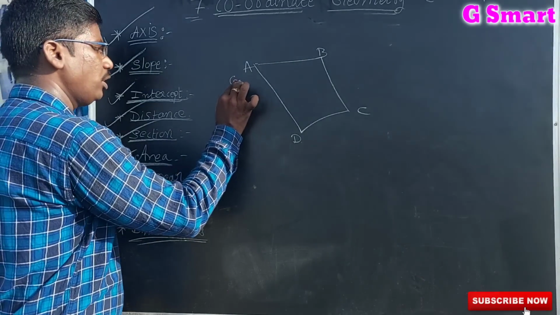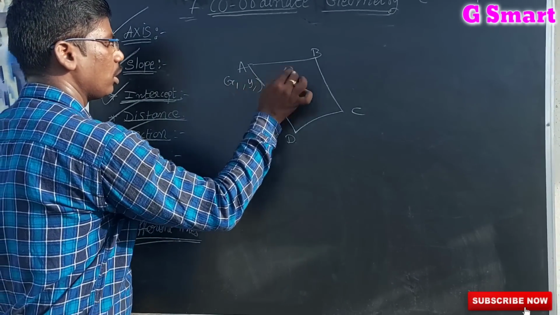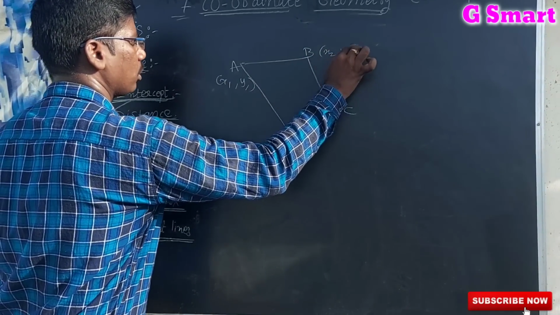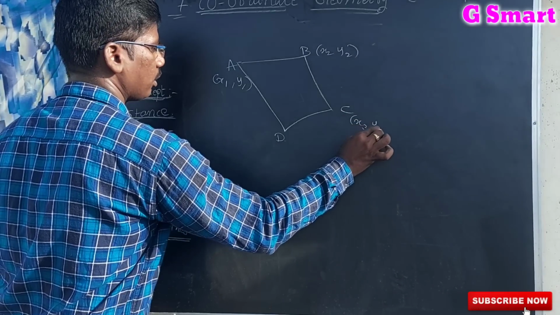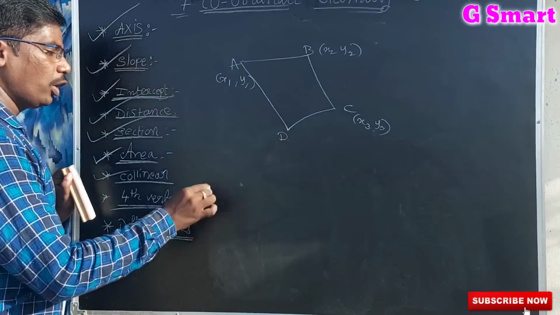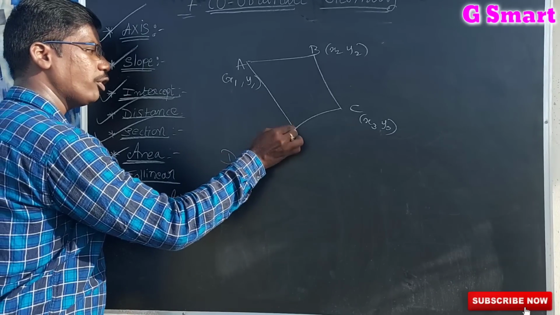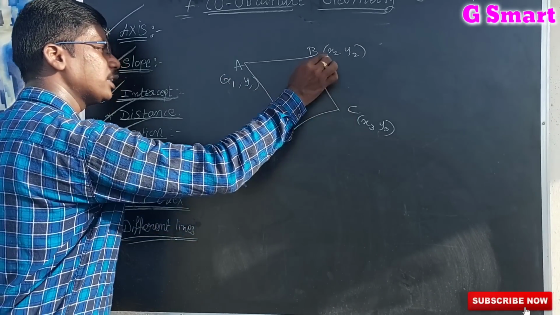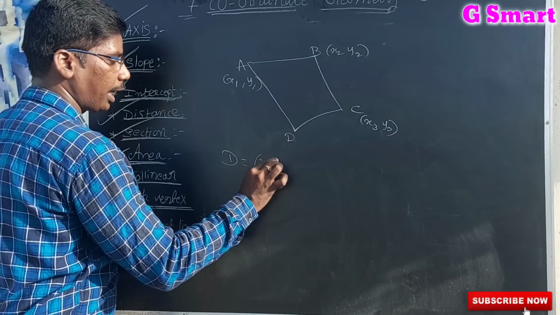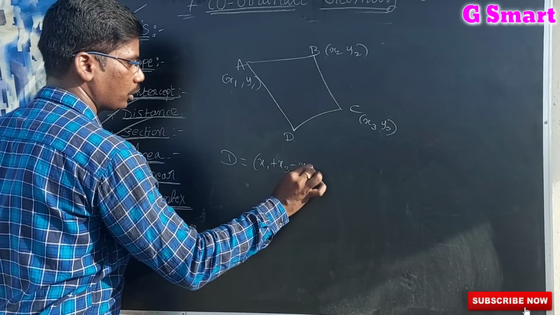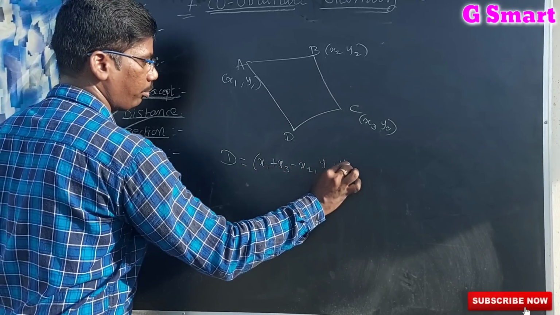This is x1, y1. This is x2, y2. x3, y3. We don't know the fourth one, so we have to find its value. We add these two and subtract this one: x1 plus x3 minus x2, comma, y1 plus y3 minus y2.